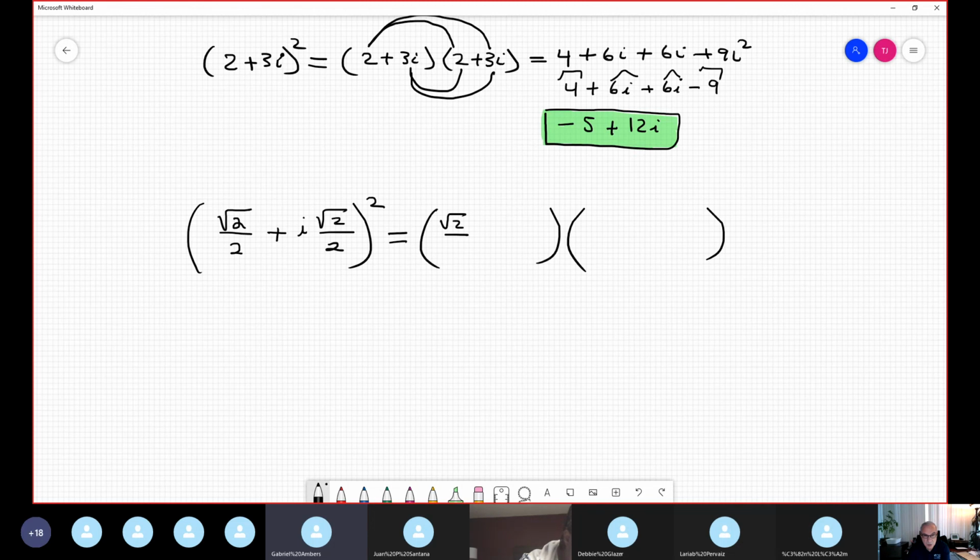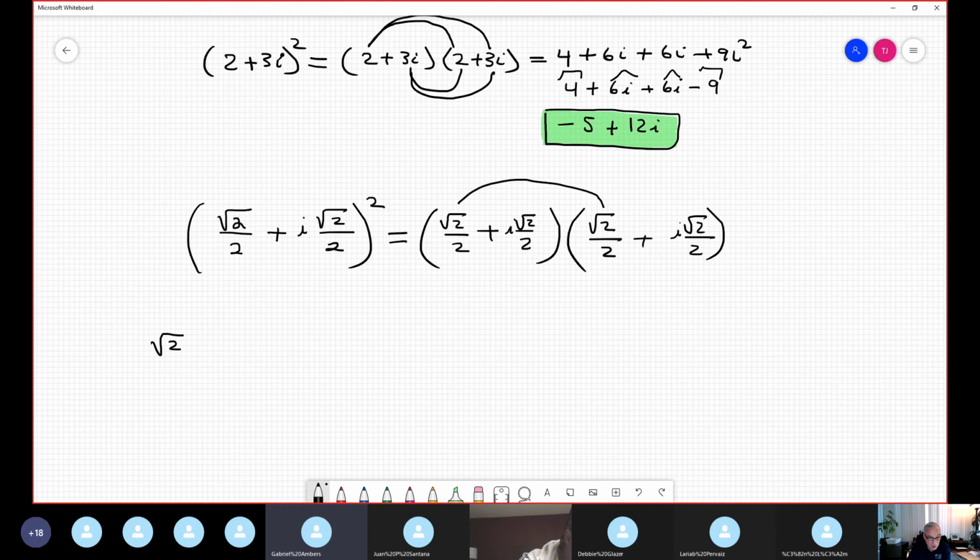Radical 2 over 2 plus radical 2 over 2 i, times radical 2 over 2 plus radical 2 over 2 i. Look at the multiplication, radical 2 over 2 times radical 2 over 2. This looks complicated.